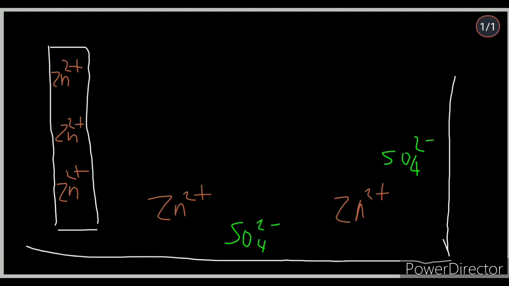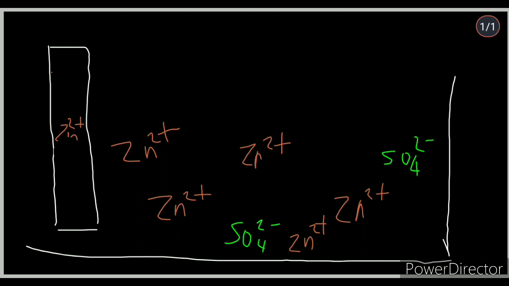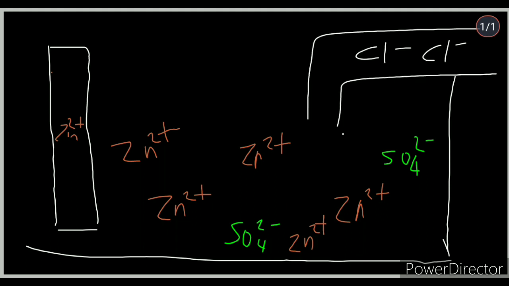The first beaker contains zinc sulfate solution, that is, it contains Zn2+ ions and SO4 2- ions, and there is a balance between these plus ions and minus ions, that is, the cationic and anionic parts. When the reaction goes on, the zinc sulfate solution gets more Zn2+ ions, that is, as time progresses, more zinc 2+ ions enter the zinc sulfate solution.